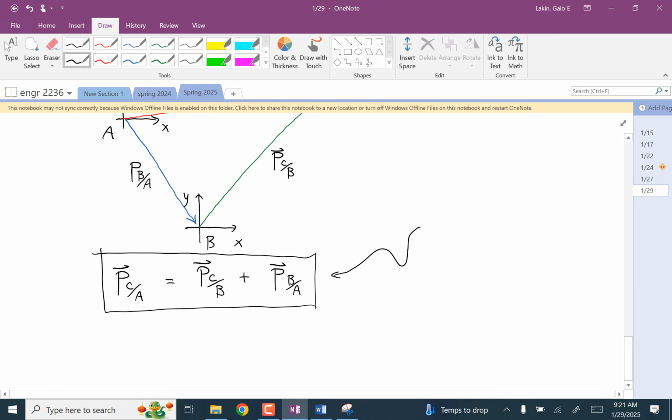This is like a memory device. Think of this as fraction multiplication.